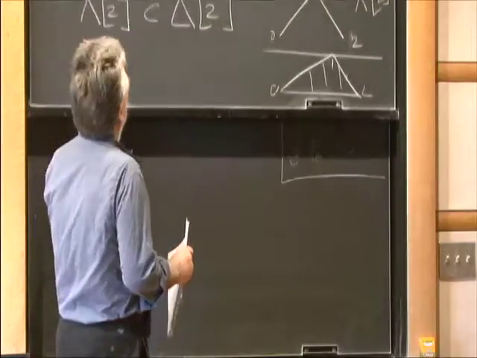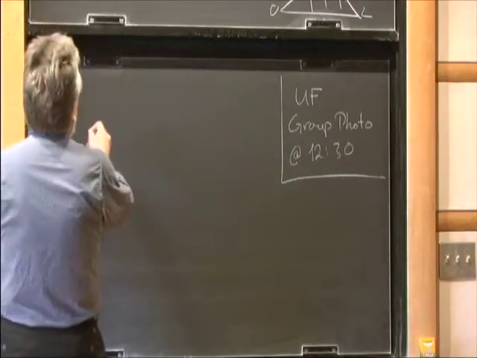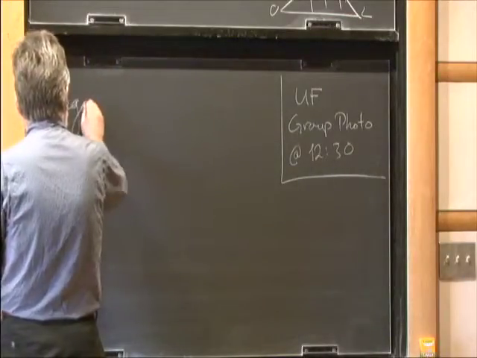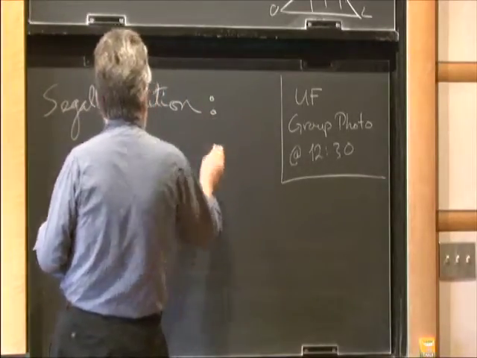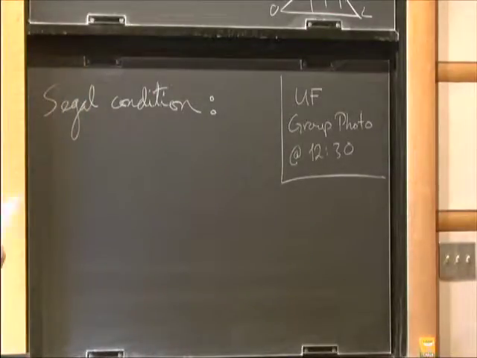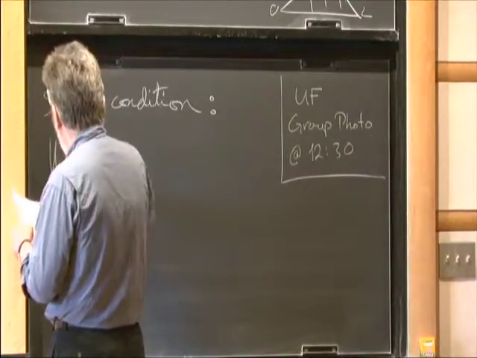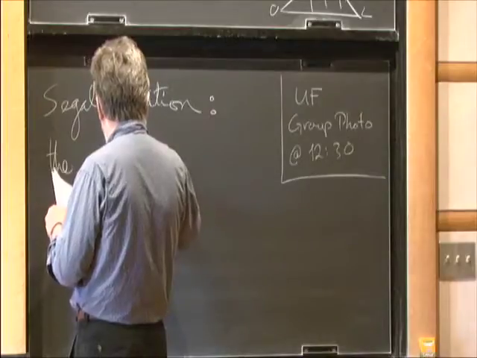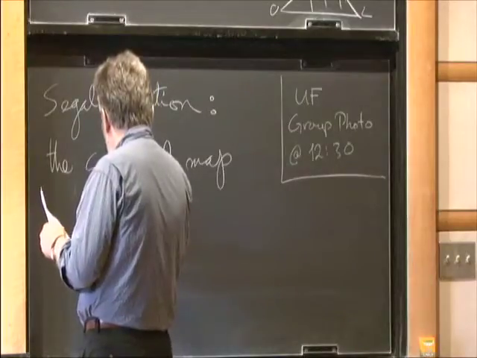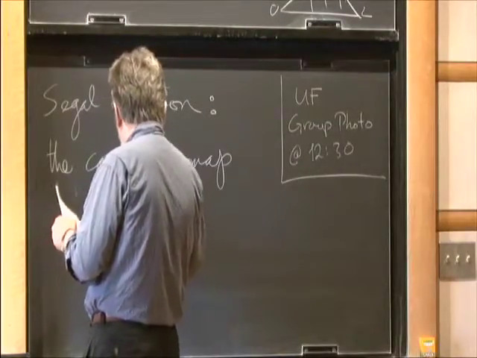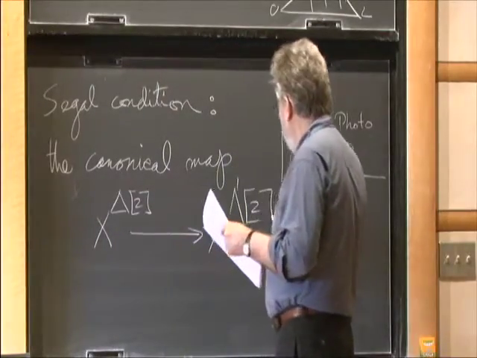One way to state the Segal condition is to say that the canonical map, the restriction map, from X^(Delta^2) to X^(Lambda^2_1) is an isomorphism.